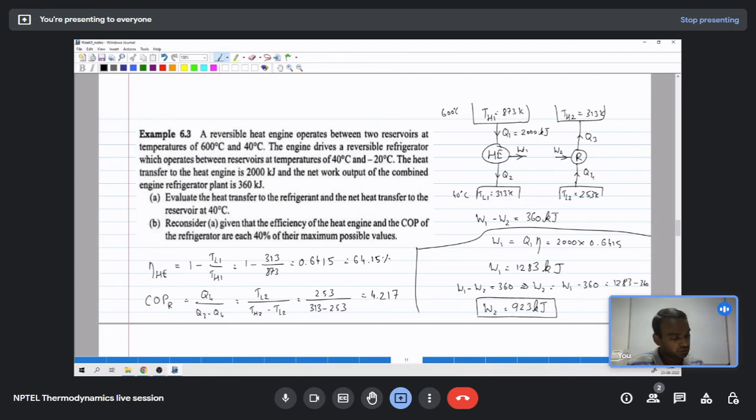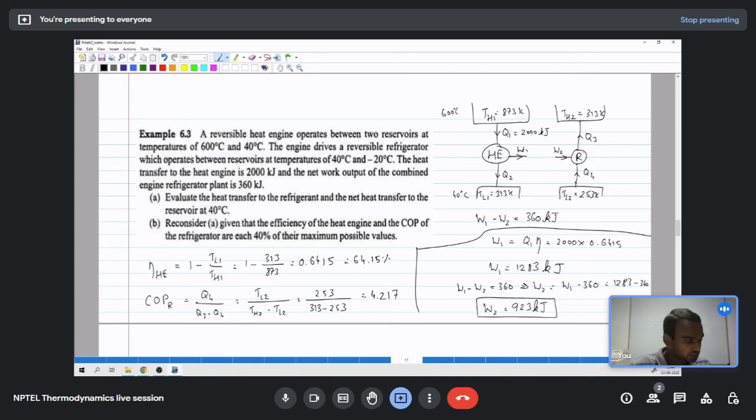So the heat engine also had a thermal reservoir at 40 degrees Celsius, and the heat rejected to the 40 degrees Celsius reservoir by the heat engine is Q2. That is not calculated earlier, so you can calculate that.